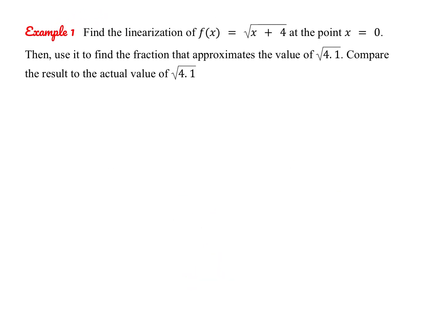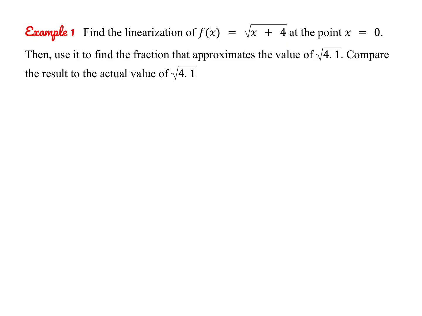All right, so now we're going to use this linearization function in a little more practical way. Let's imagine I wanted you to give me a rational approximation, a fraction that approximates the square root of 4.1, which again, a decimal within a square root is not a super nice thing to work with. So let's say I had the function square root of x plus 4.